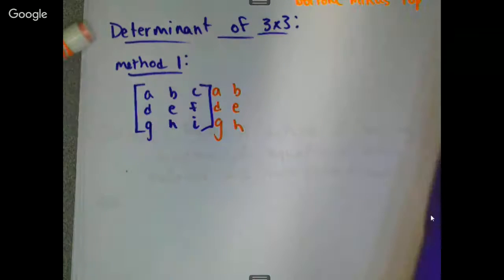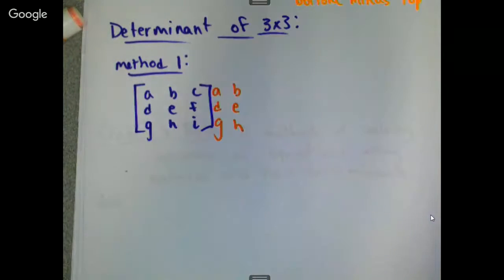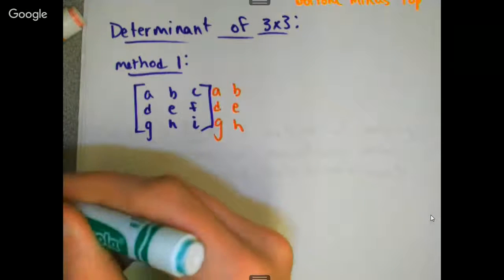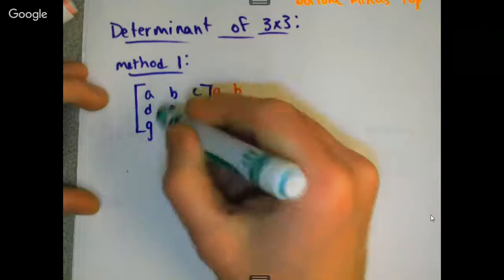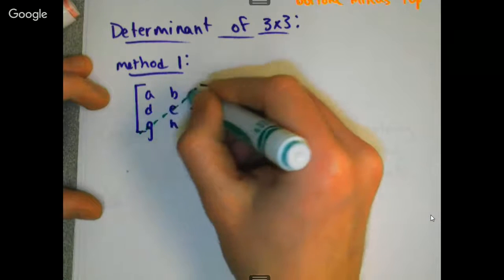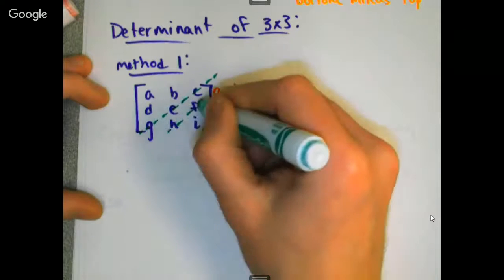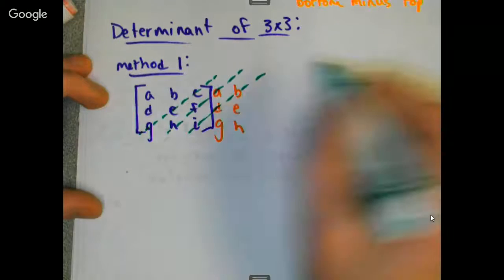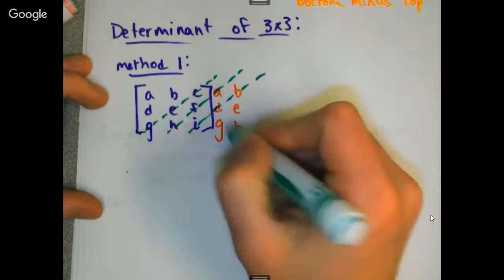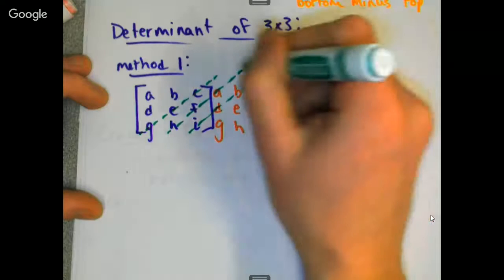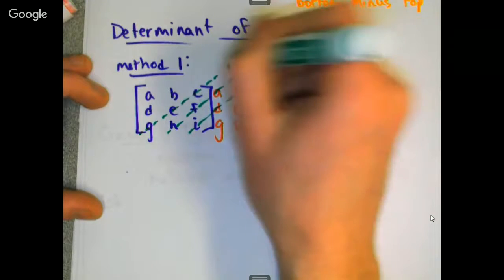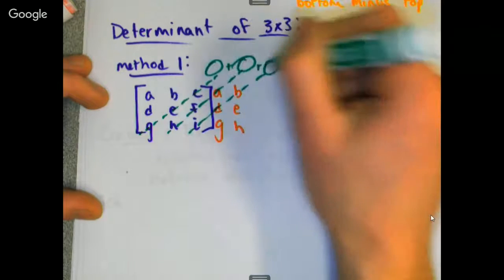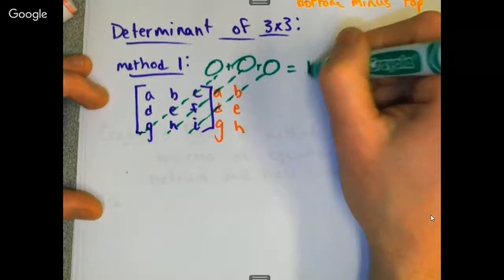And then we will again multiply on the diagonals. So I'm going to take this one and multiply, and this one and multiply, and this one and multiply. I don't really want to write all the letters up there, but then we will add those numbers. So I get this number, this number, this number. We will add it and get this number.